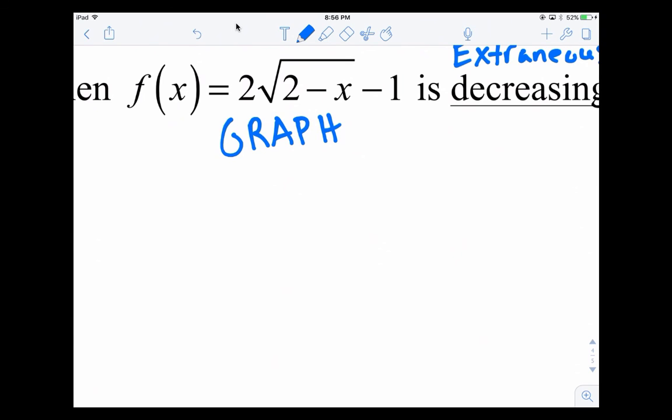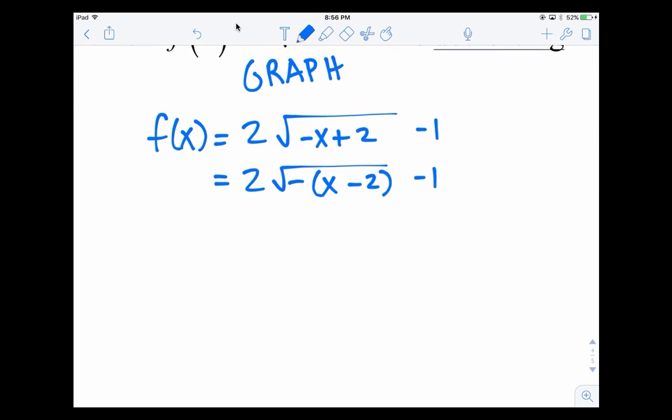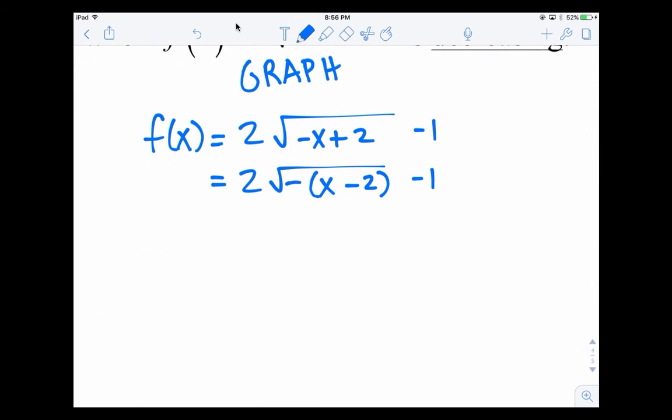If I put it in order, you get 2 square root of negative x plus 2, minus 1, which turns into 2 square root of negative 1 times x minus 2, minus 1. So you have a y-axis reflection, vertical stretch by 2, shift to the right 2, and down 1.